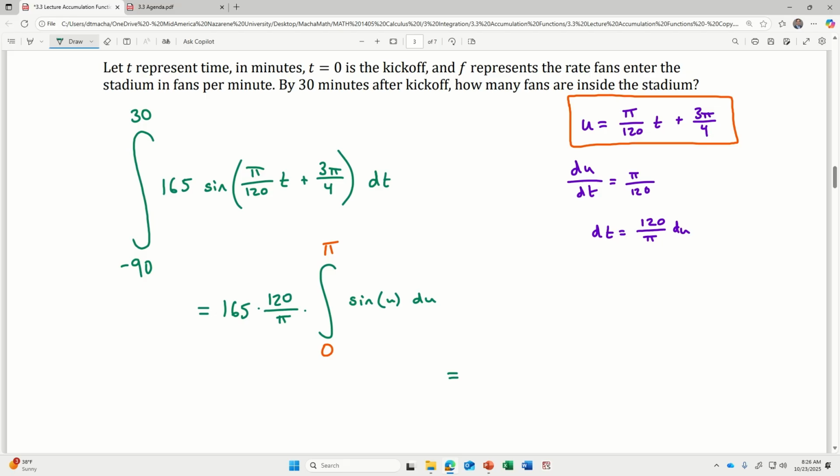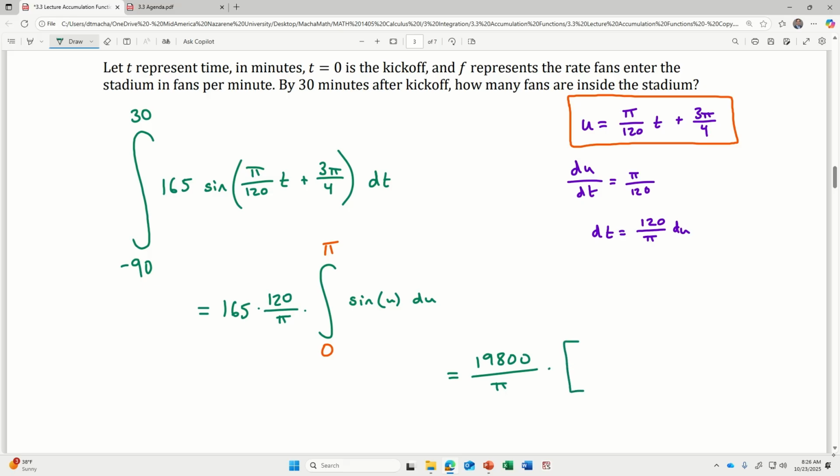So I'm going to go ahead and multiply all that stuff out front. Maybe I'm not going to mess with the pi yet. I'll save the pi for later. But 165 times 120 is 19,800 divided by pi.